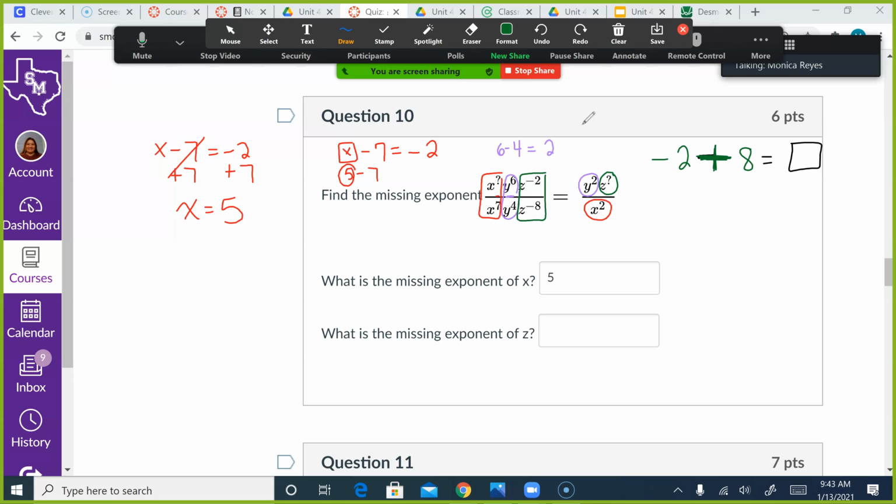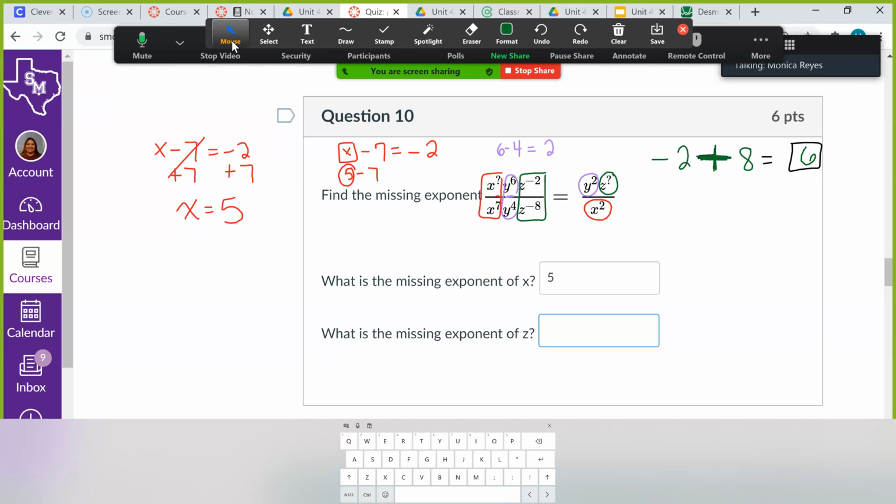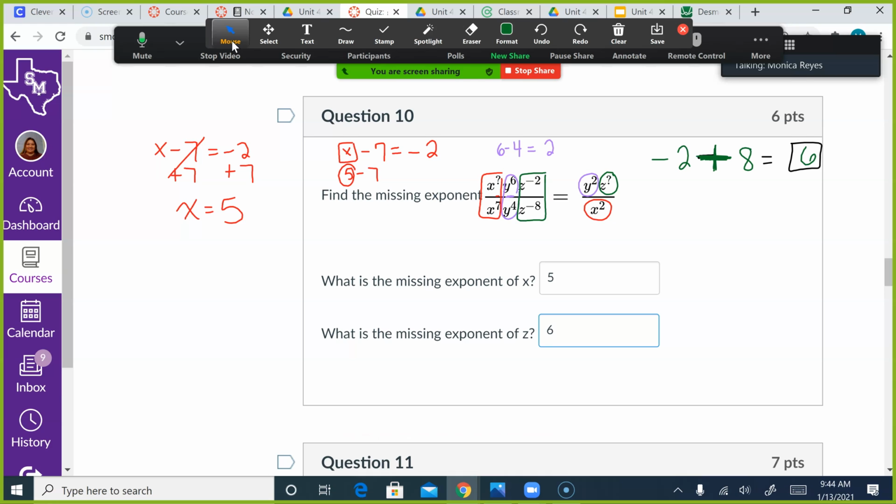That's where you have to be careful with the negatives. If you have a negative on the bottom, you're going to end up adding it. So negative 2 plus 8 is 6. So then this number is going to be 6. So sometimes you just got to combine your numbers together. Other times you have to solve for them. So if you can't figure out the missing number, well then set up an equation and solve for it.